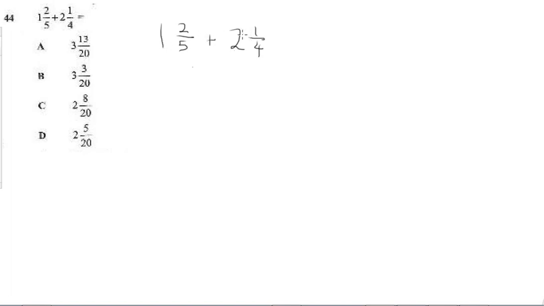So these are mixed fractions. The easiest way to do this is to work with the whole numbers first. So we say 1 plus 2, and this gives us 3. Then you come to the fraction part of the question. We have 2 over 5 plus 1 over 4. We've got different denominators, so what we do is multiply the denominators, 5 times 4.